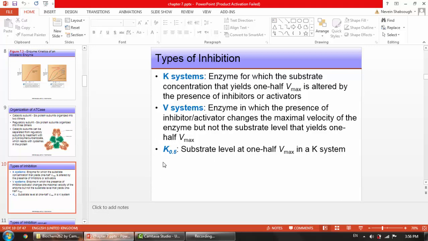This is the same as Km in the Michaelis-Menten approach, K half. So for K system enzymes, K 1/2 is changed when we add the allosteric inhibitor or activator. And our enzyme ATCase is an example of a K system. However, if an enzyme belongs to a V system, what changes is the Vmax, the maximal velocity, upon the addition of inhibitors and activators.